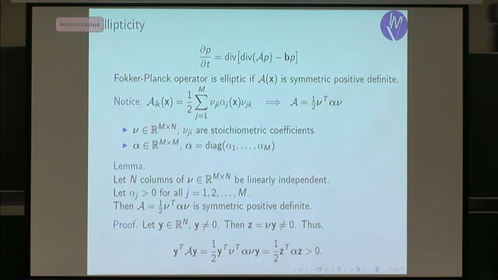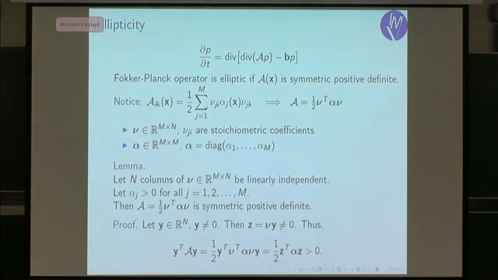And we can see it as a matrix product. This is the product of that stoichiometric matrix nu with the matrix alpha, and that matrix alpha is diagonal, which has the propensity functions as diagonal entries. So it has a nice structure, and from this structure we can immediately find sufficient conditions for positive definiteness, so for ellipticity.